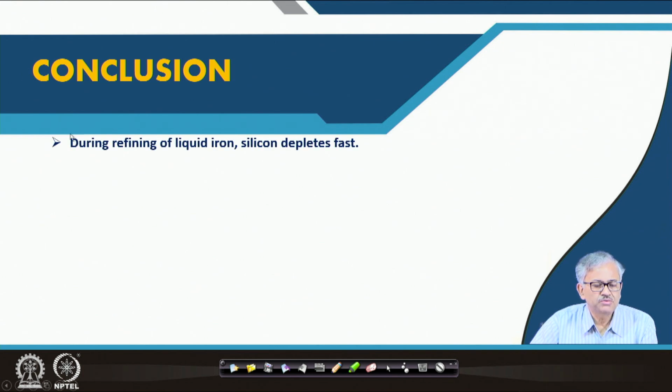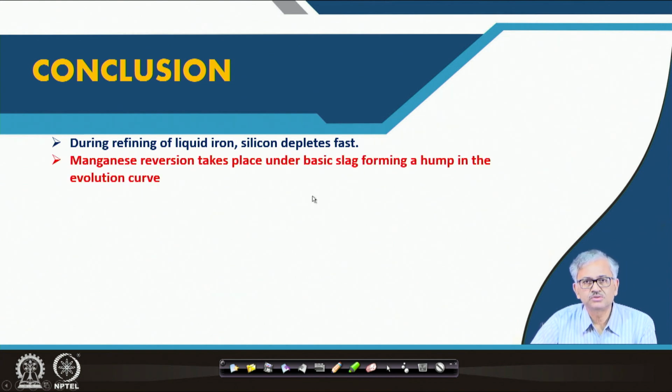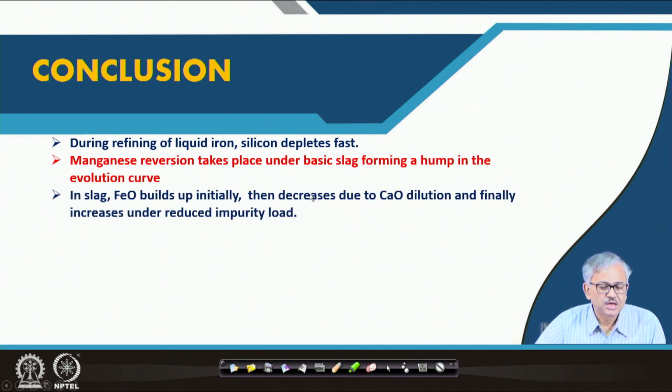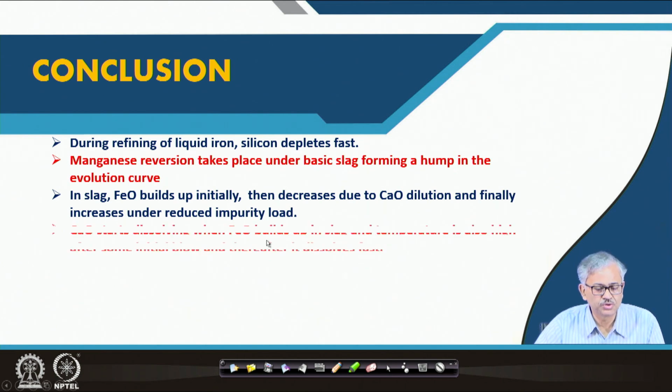Okay. So now the conclusion is that during the refining of liquid iron, silicon depletes first, and then manganese reversion also takes place when the basic slag forms. In the slag, FeO builds up initially and then decreases due to the CO dilution, and finally increases again because of lower impurity load.